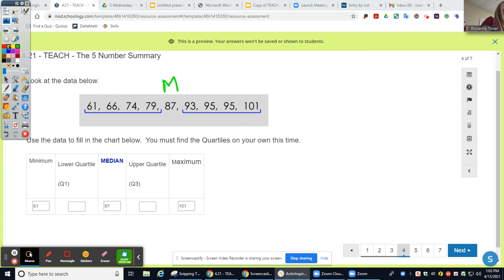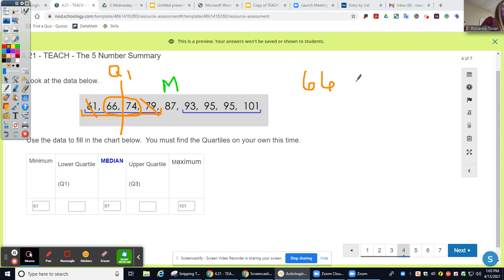Okay, now to find quartile 1, I need to take the median of this half, the first half, right? So I go 1, 1. And now, since there's 2 numbers in the middle, I have to find what comes exactly between 66 and 74. I can't take one or the other.